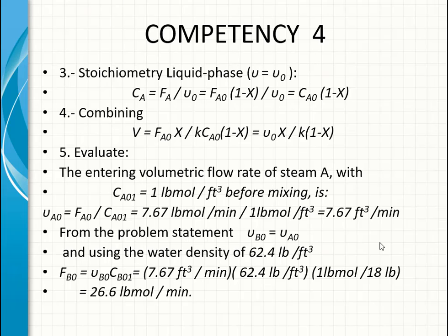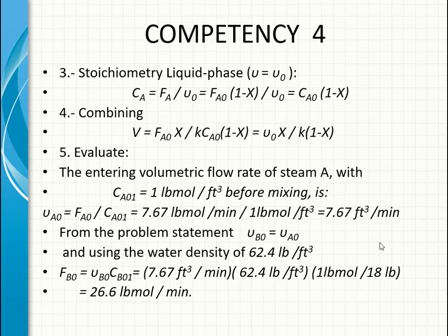From stoichiometry, we know that the concentration of A is equal to CA0 times 1 minus X, because the volumetric flow rate is constant. If we combine these three, we get that the volume of the reactor is v0 times X divided by k times 1 minus X.